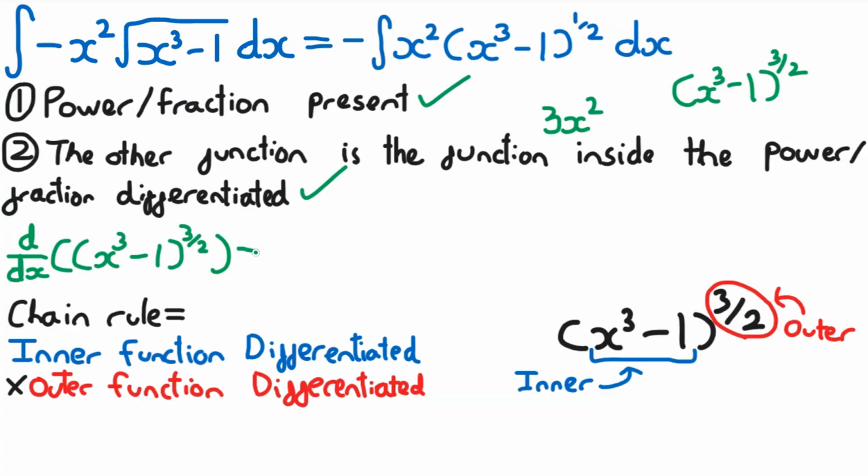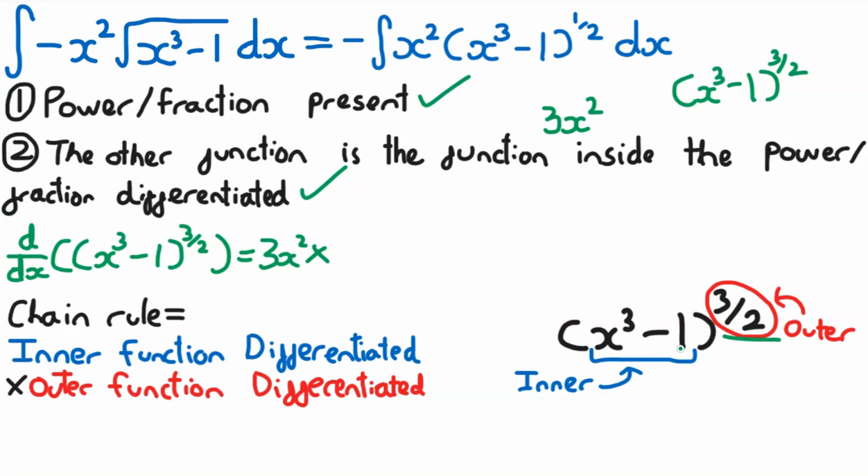So the chain rule is the inner function differentiated, which is going to be this x cubed minus 1 differentiated. And we've already done this. This minus 1 just goes away, and x cubed differentiated is 3x squared, and this is multiplied by the outer function differentiated, which is this power of 3 over 2.